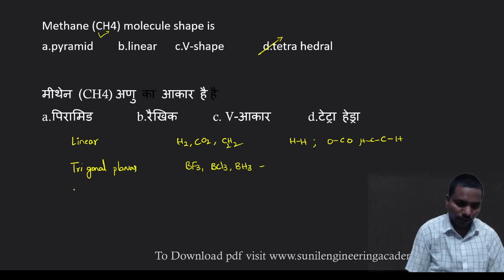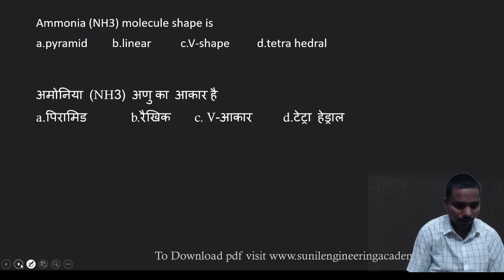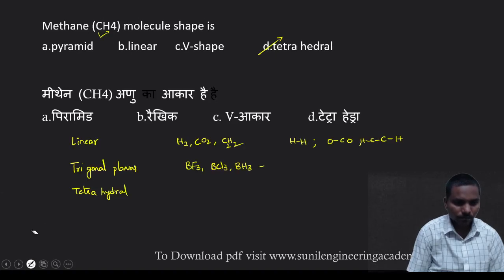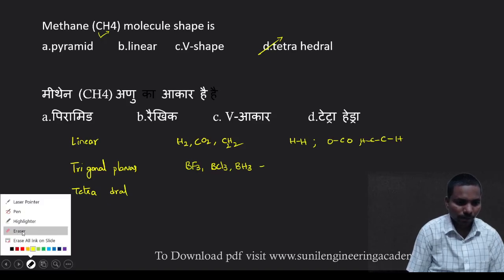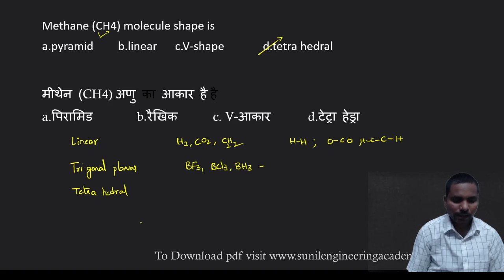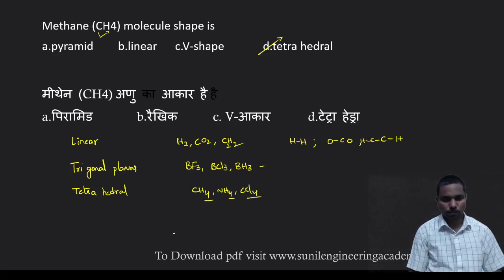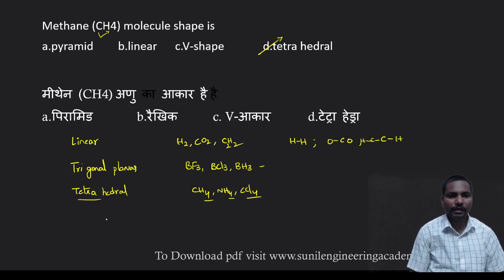If you consider tetrahedral, tetra means four. Examples: methane CH4, NH4, CCl4, like that. If one element has four atoms around it, then there is a chance of tetrahedral. So for methane the answer is tetrahedral.